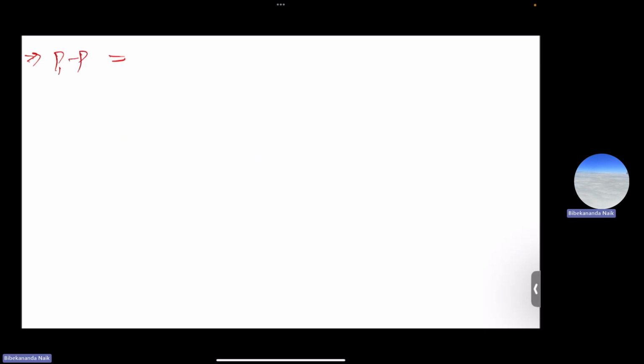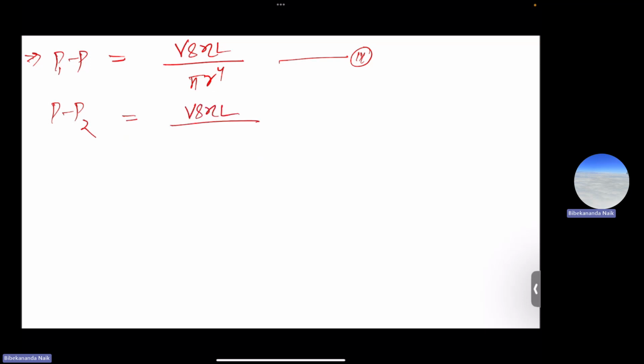So P1 minus P will be V 8 eta L divided by pi r to the power 4, and P minus P2 is V 8 eta L divided by 16 pi r to the power 4, because R2 is 2R1.